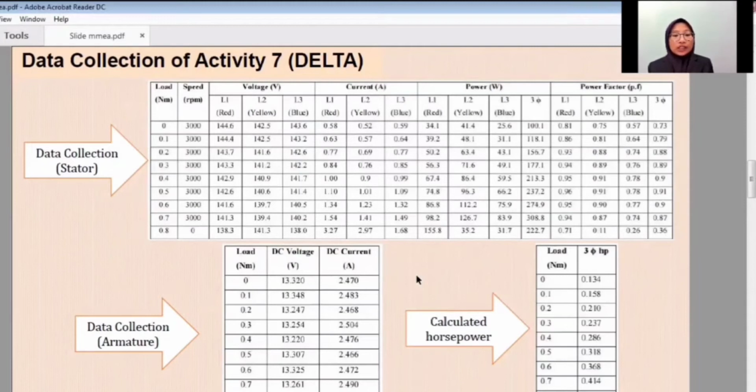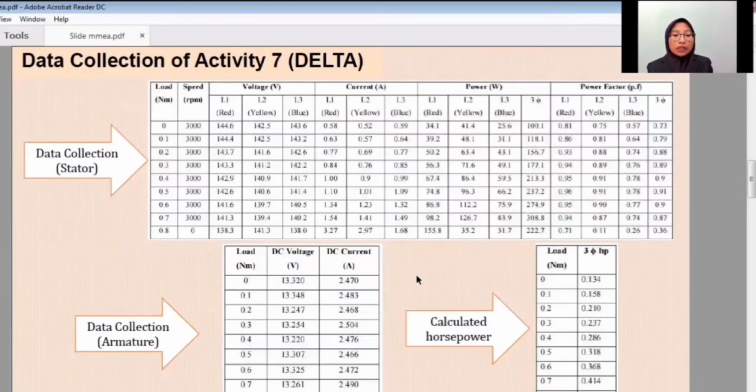For delta connection, the DC voltage was recorded at a low value of 13.220 volts and the highest value reading is 13.348 volts. For DC current, the highest reading was recorded at a load of 0.3 Newton meters.